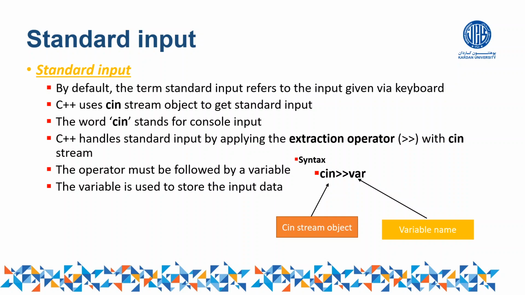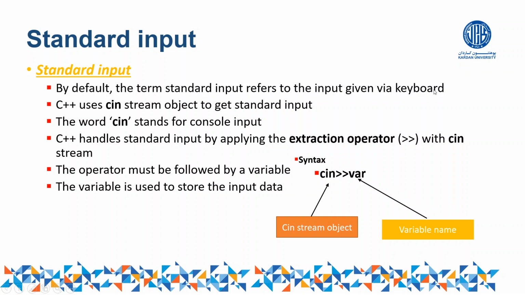The third way that we're going to discuss right now is the input, which we call standard input. Let's see how we can store value in a variable using standard input. Point number 1: by default, the term standard input refers to the input given via keyboard.